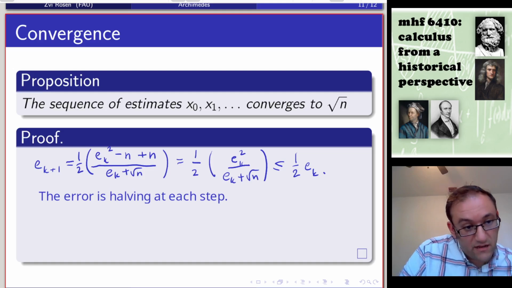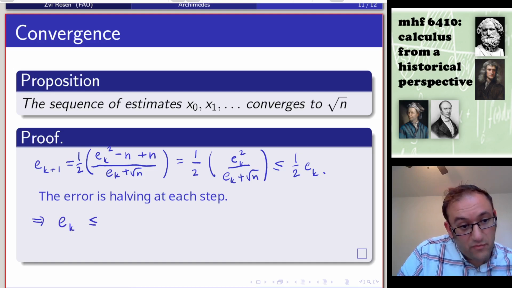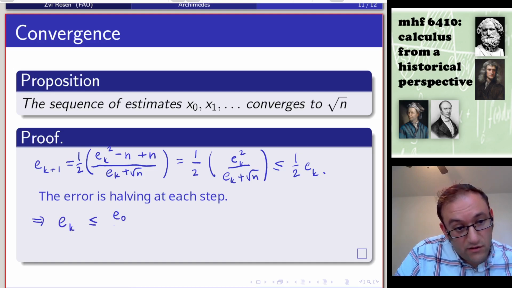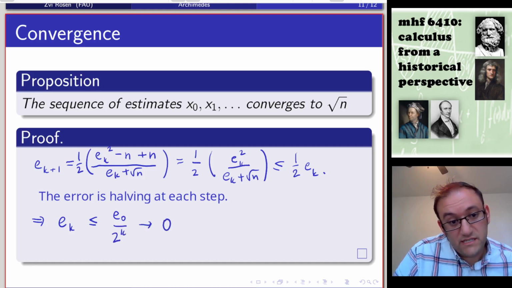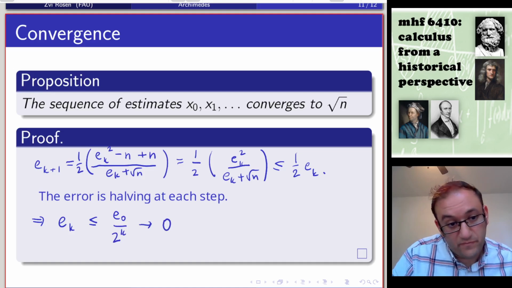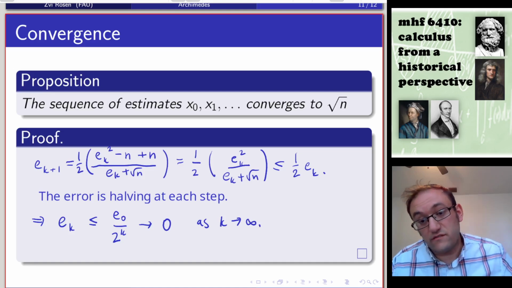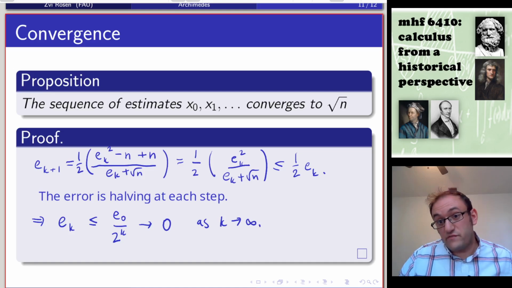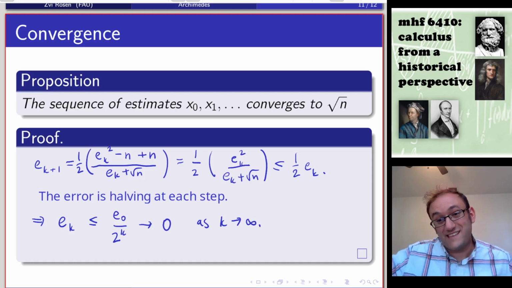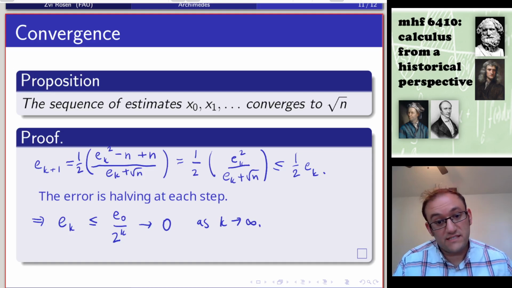So this means that e_k will be bounded above by e_0 divided by 2 to the k, and we know this approaches 0 as k approaches infinity. So that tells us that this converges, but it also tells us it converges at a very fast rate because the error is halving at each step. So that's a very efficient algorithm.